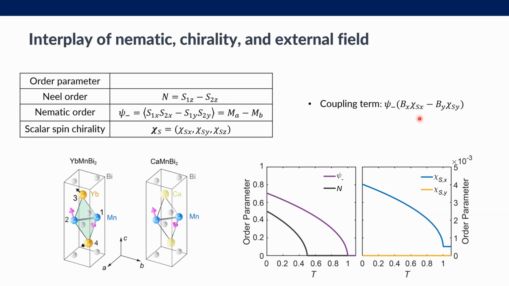In this field polarized state, the ytterbium ions can act as a spin catalyst to greatly couple to this spin nematic of the two magnetic spins. Then this coupling can greatly enhance the scalar spin chirality and the anomalous Hall effect. And in the calcium one, there are no such additional spins, so the anomalous Hall effect in the calcium compound is much weaker.